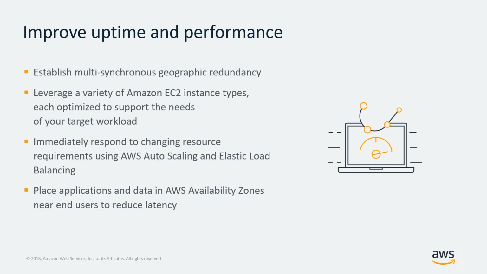So this is a tremendous value, where just normal deployments become fully, highly available, DR type scenarios without having to have a DR scenario, in fact. And you can leverage a variety of EC2 instance types.